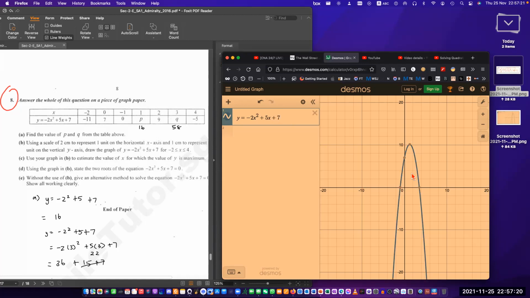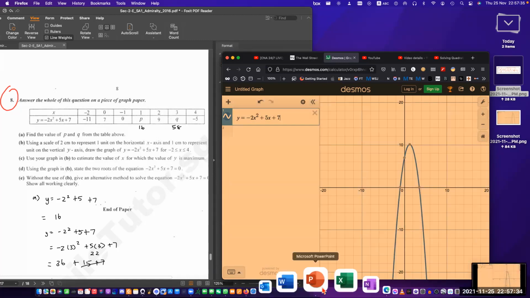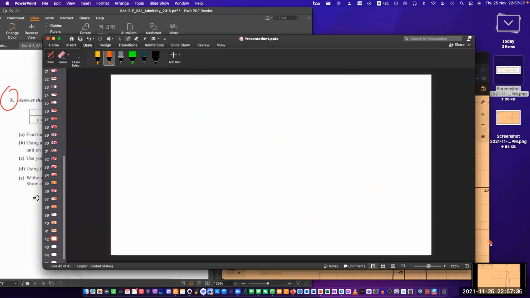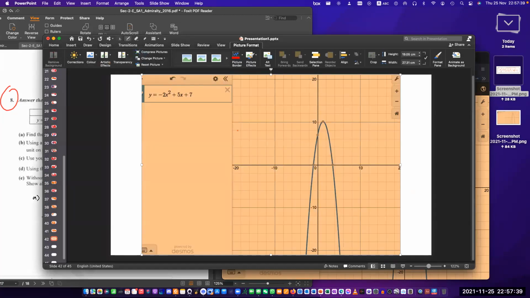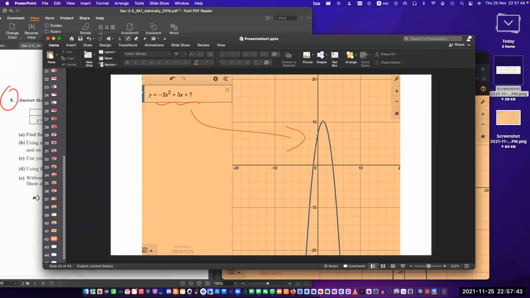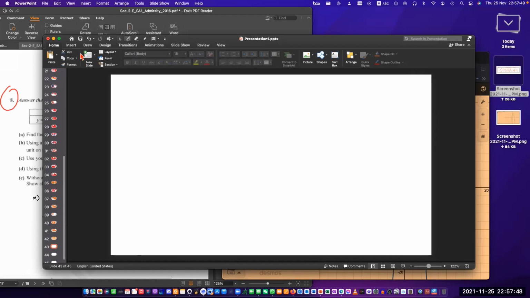The paper version. Correct. So let me just get this out just to give you a sense what you need to do to sketch. If you have technology, you can sketch this out very fast, right? If you don't have technology, you need to use a graph paper, okay? So similar to something like this.